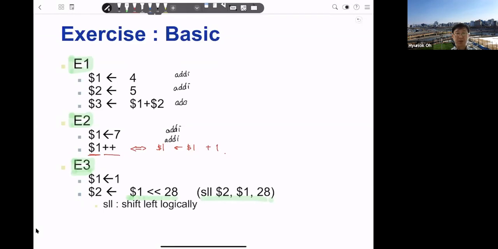And please write it down in hexadecimal representation. Okay, so everyone can do that, right?